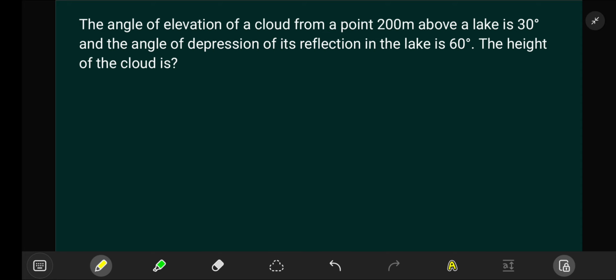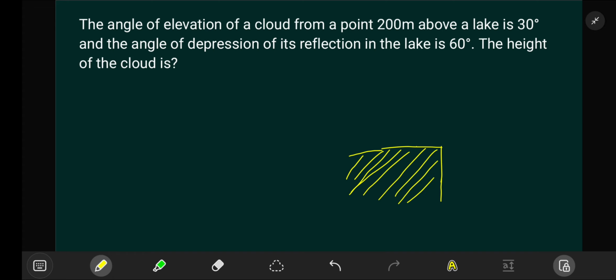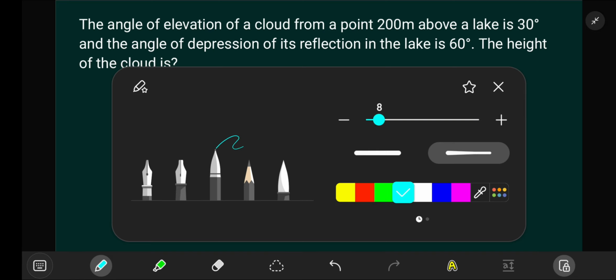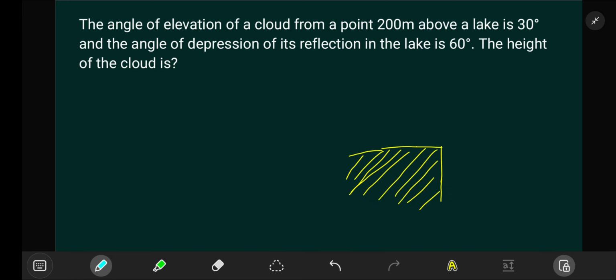Suppose this is the ground. And touching it, there is a water body at some depth.